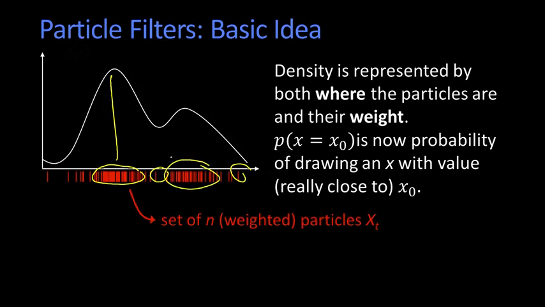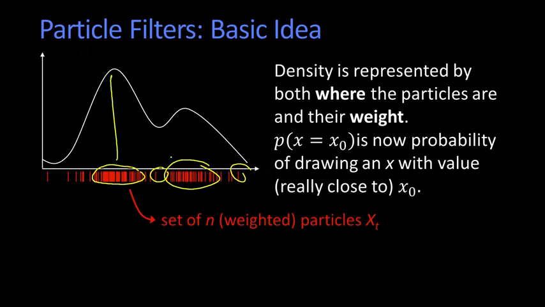And if they were weighted, you can think of that as having two particles in the same spot. If I had double the weight, it would be like having two particles at the same spot. And now you can say that the probability density that x is some value is essentially the probability, if you were to draw out a particle, that you would get a particle whose value is really, really close to that spot.